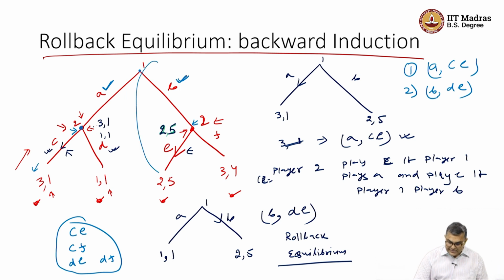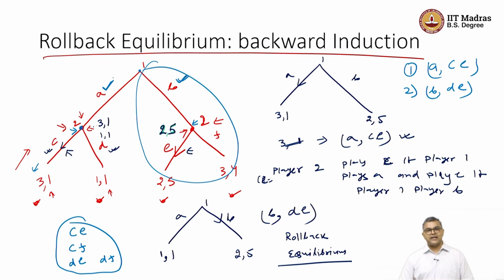All these branches are useless in a way, but they are not, because the decision is influenced by the presence of such branches. So, when I say that A comma CE is an equilibrium, what do we mean?